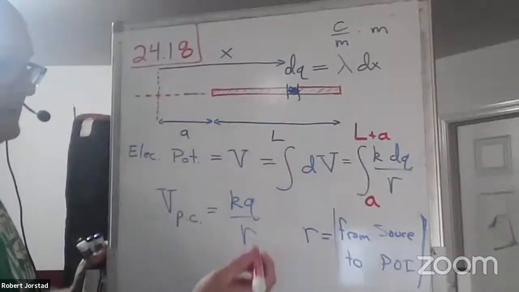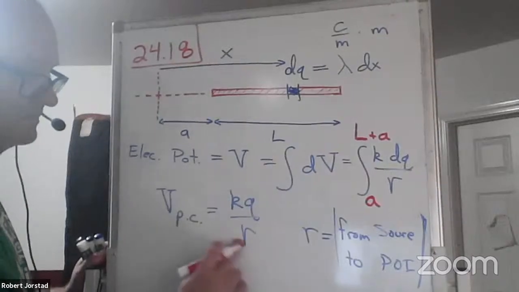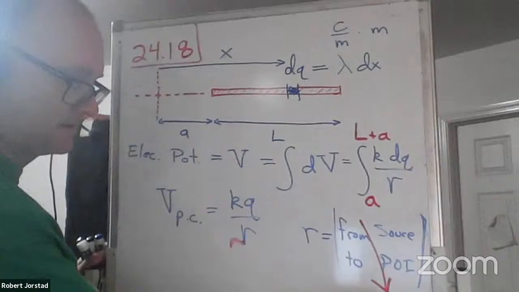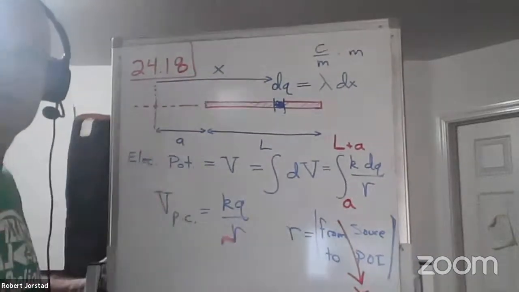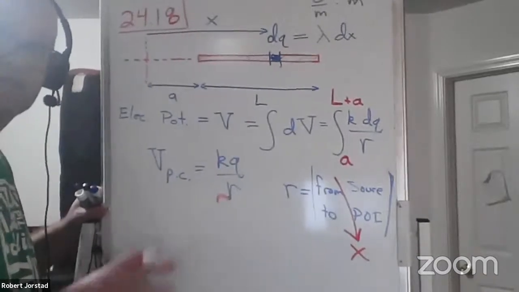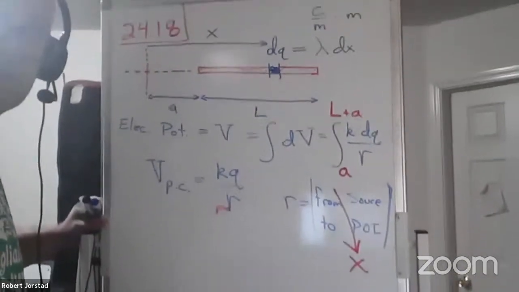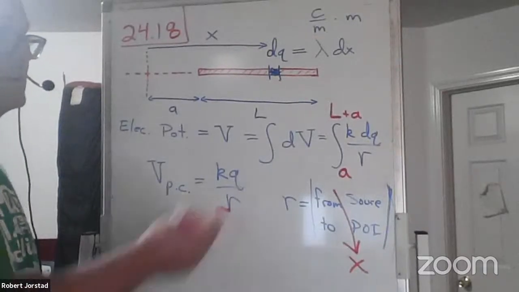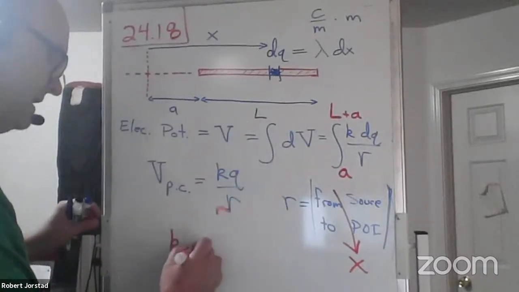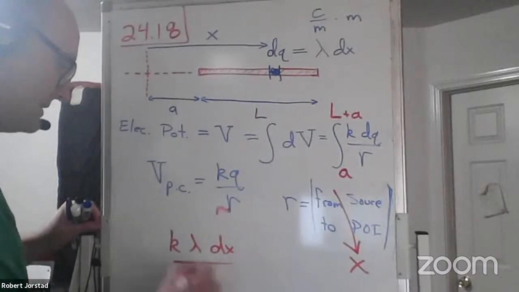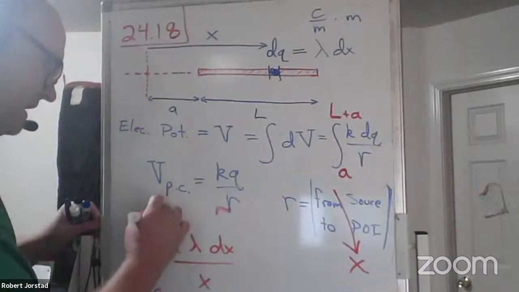R goes to X. So in this case, all of this is just X. Right? All right. So what do you get when you integrate k lambda dx over x from A to L plus A?